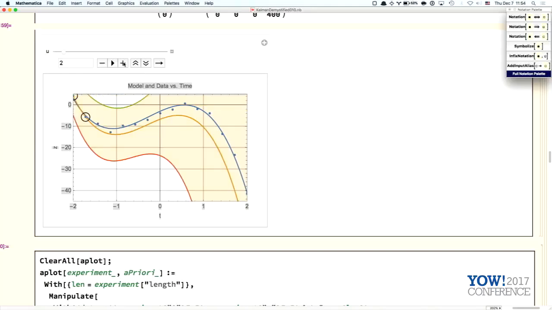I add one data point, and it's already beginning to figure out that the real cubic is somewhere in that orange area. I add more data, it gets closer, gets a little further away, gets a little further away again, starts coming back, and as I keep adding data, the Kalman filter eventually figures out exactly what it is.